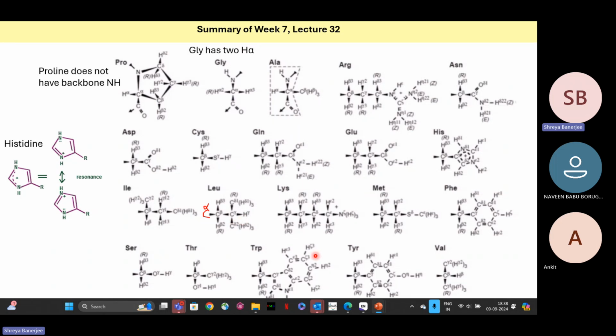If you have an even longer side chain, we look at something like lysine. In lysine, imagine there's a C alpha here, then C beta, gamma, delta, epsilon, and then after epsilon, it's eta. So the nitrogen has been numbered as eta.